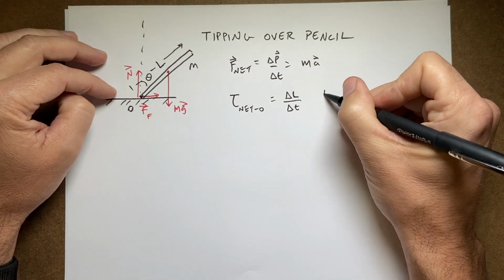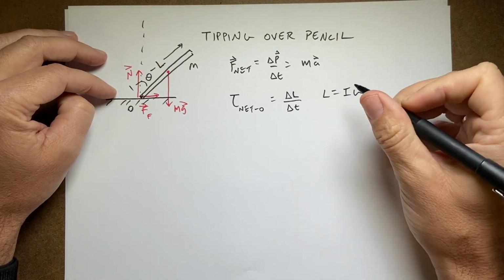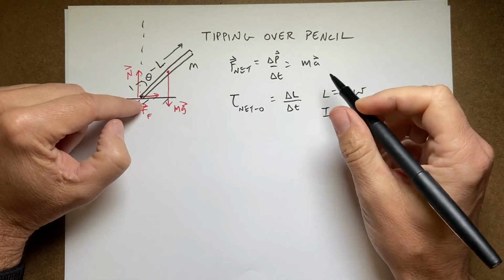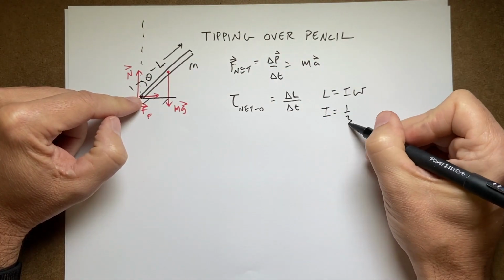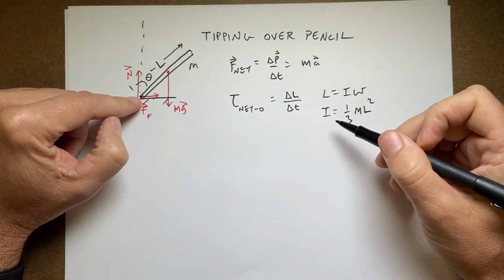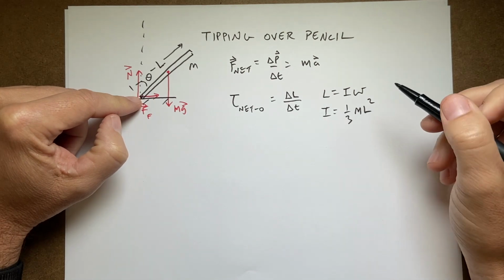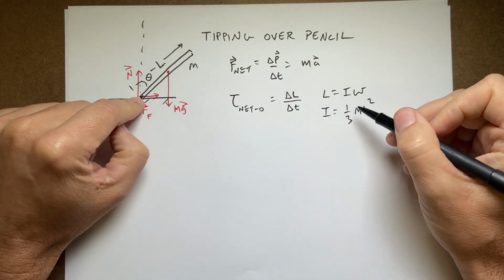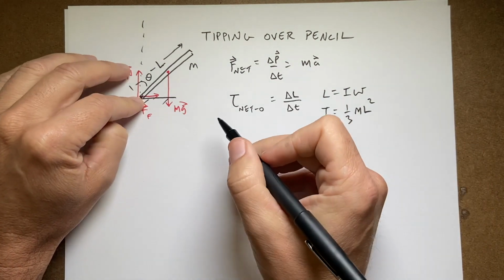So the angular momentum is I omega, where I for a stick, if you rotate about the end, is 1/3 ml squared. You'd have to either calculate that with calculus or look it up, so we can just look that up. Actually, there's another way to write this equation.